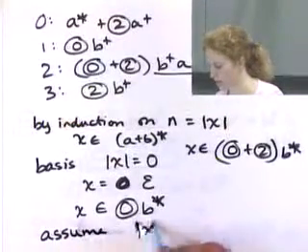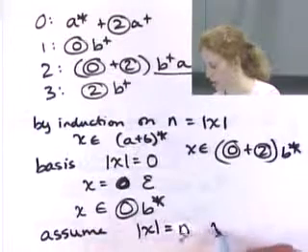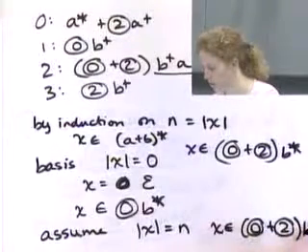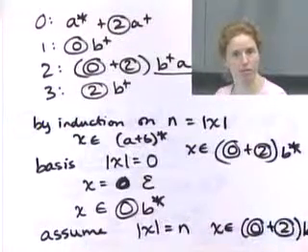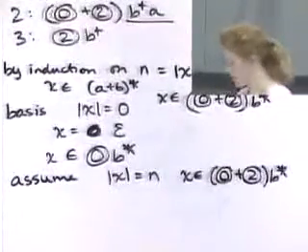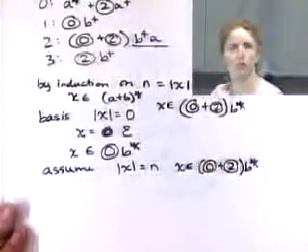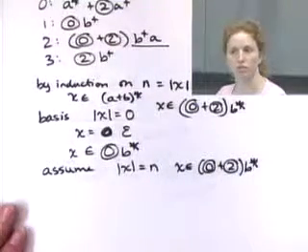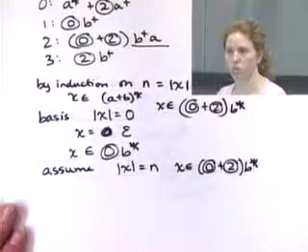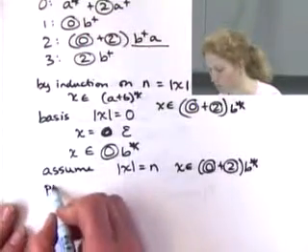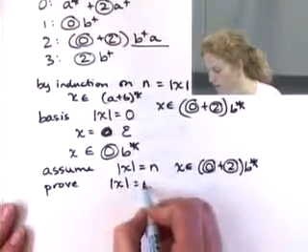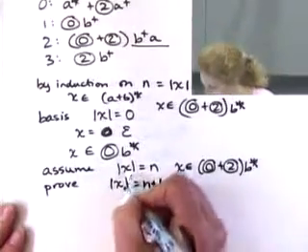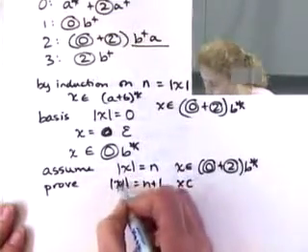So we assume if the length of x is equal to n, that x is in 0 plus 2 B star. Sorry, let me make this wider. Make sense? If the length of x is n, then it's in the set that we want it in. Now we want to prove that if the length of x is n plus 1, let's just say, we'll just call it y.